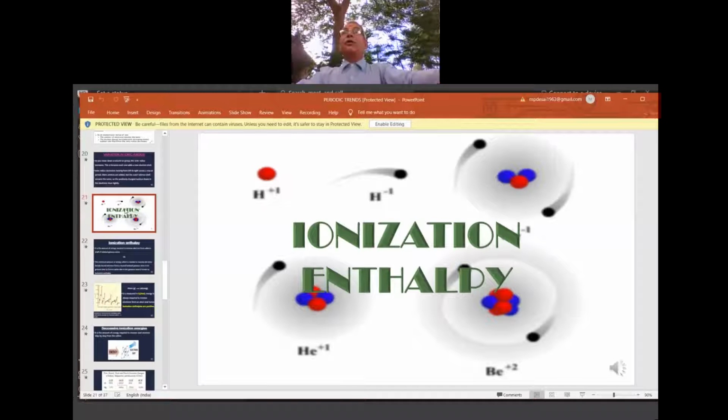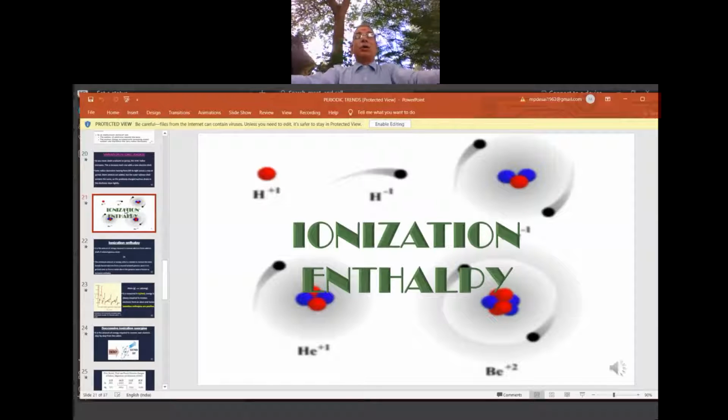What configuration? If an atom has only one shell, the K shell, and if that is full, it is chemically least reactive. One more: if an atom has more than one shell, and the outermost configuration is 8, at that time also it is stable.